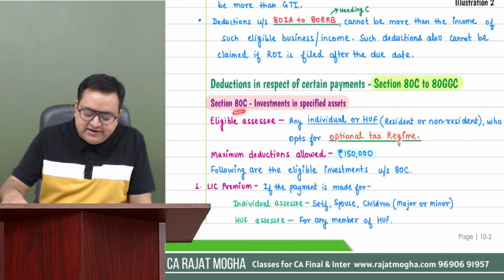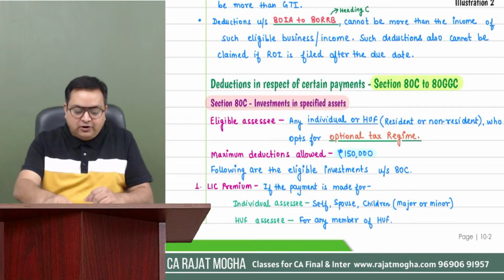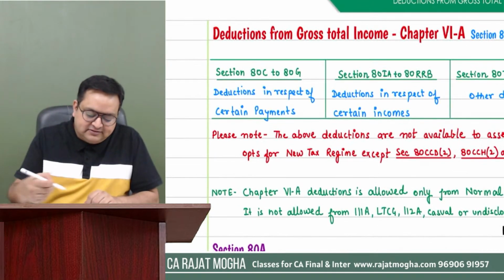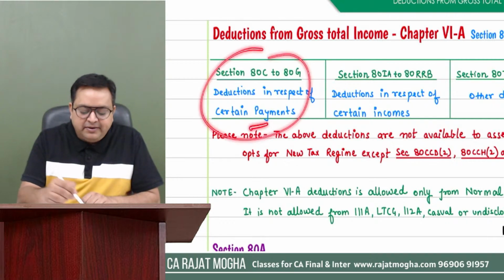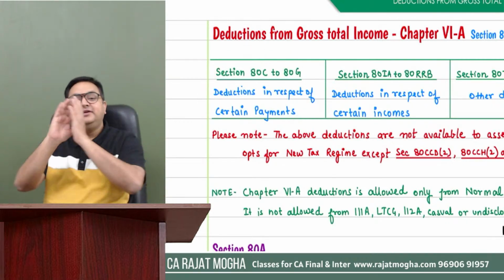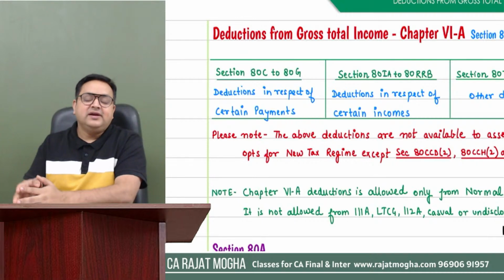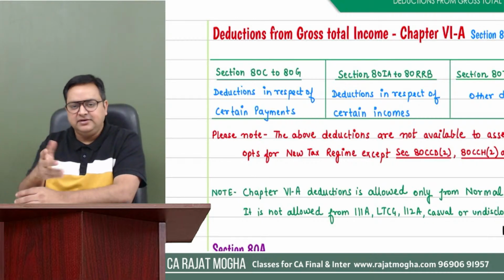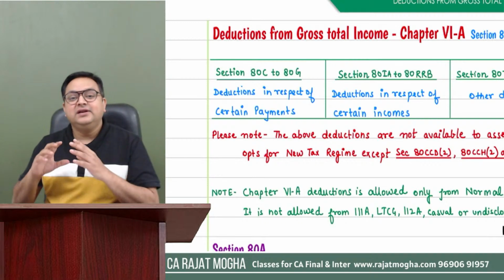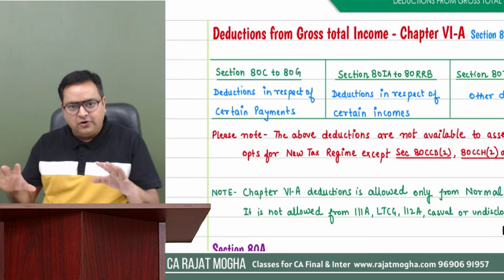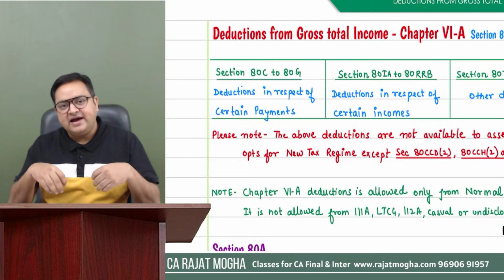Okay, 80C is related to certain investments. If the assessee is making certain investments, and you also know that this category, 80C to 80G, covers certain payments. Here the assessee is making certain payments. Either he or she is making a certain expense, or making certain investments. If I give you a summary, the person is making a cash outflow.